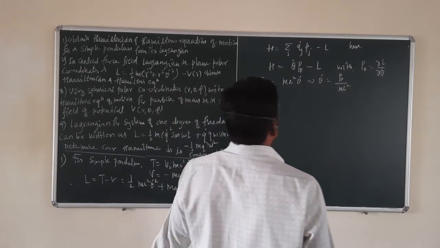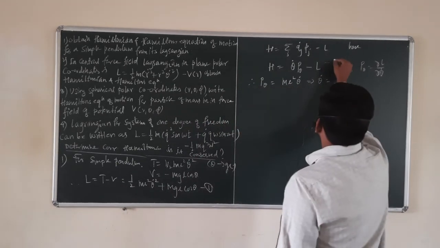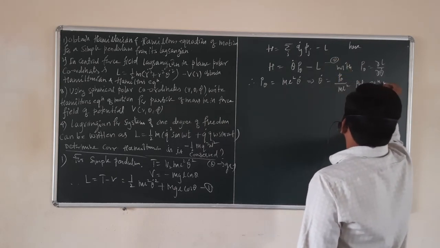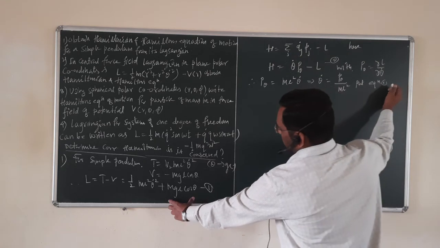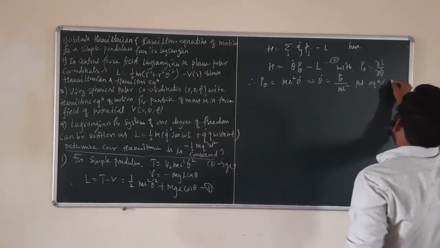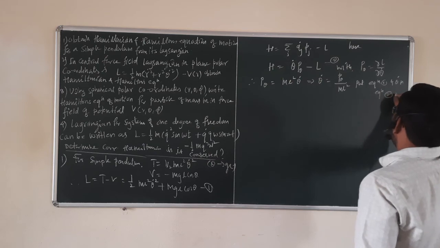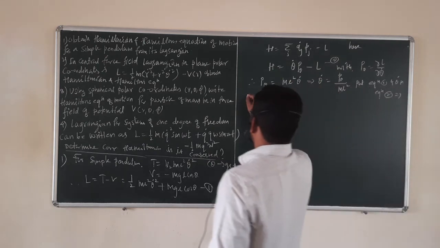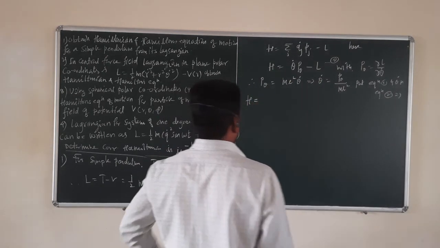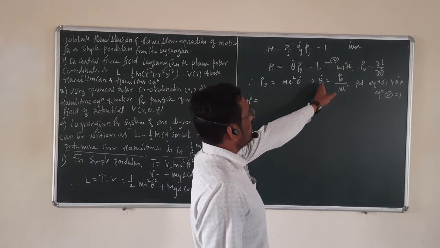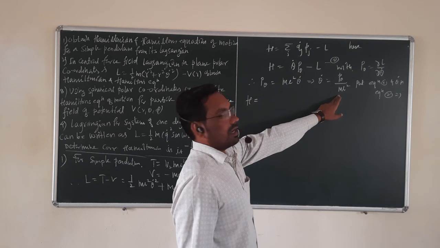Okay, now we put equation 1, that is the Lagrangian, and θ̇ in equation 2, and we get the Hamiltonian for the simple pendulum. θ̇ is equal to pθ divided by m l².